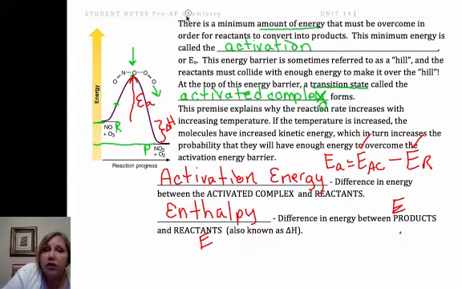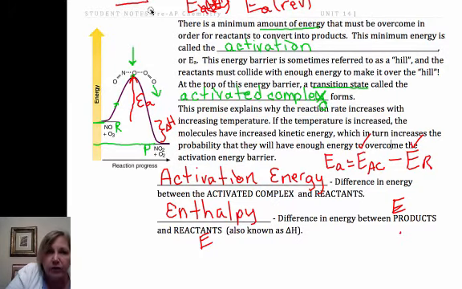Now, we can also talk about the activation energy for a forward direction. We just did that. Then there's the activation energy for the reverse direction. Some reactions we're going to find are reversible. We'll use a double arrow.